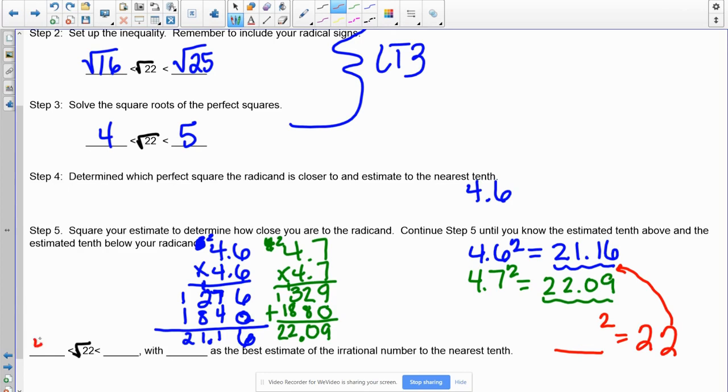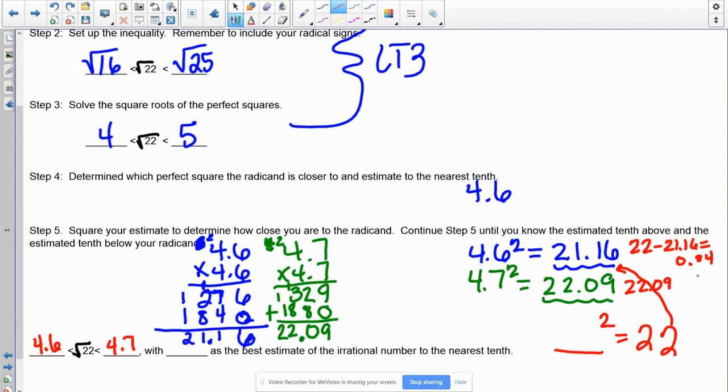So I could actually fill this in if that helps you. Okay, now I got to determine which one's closer. So I'll do a little math here. 22 minus 21.16 equals 0.84. Okay, not too bad, not great. We're going to check this one.